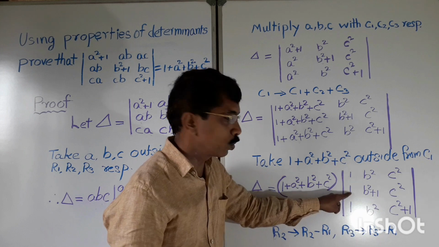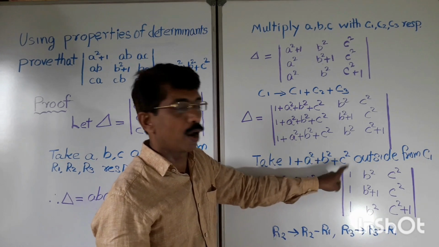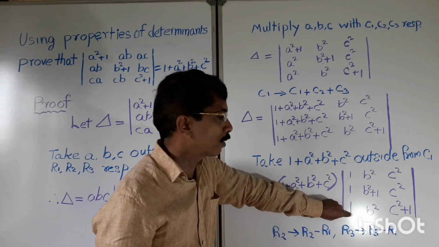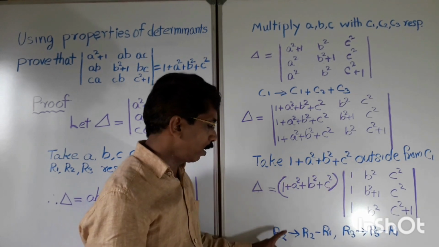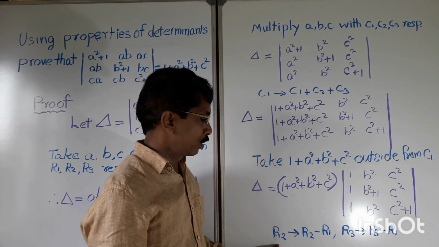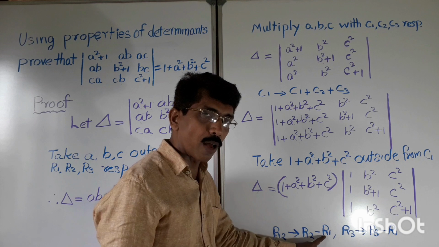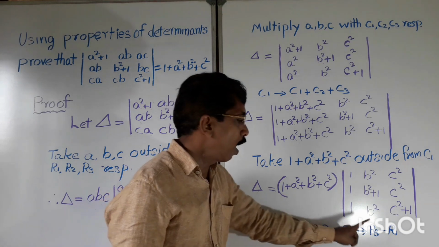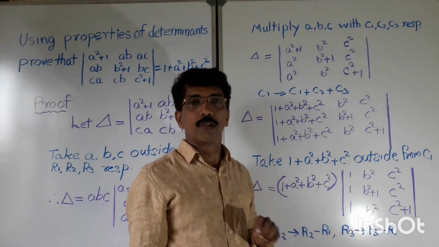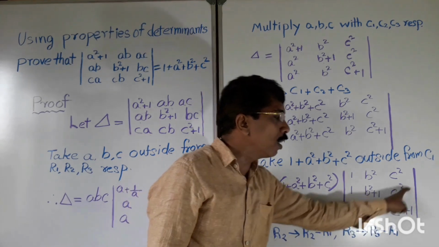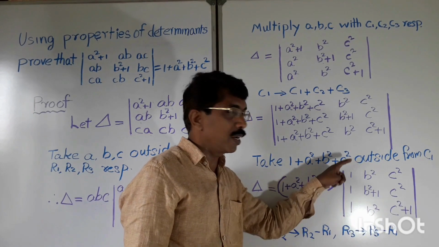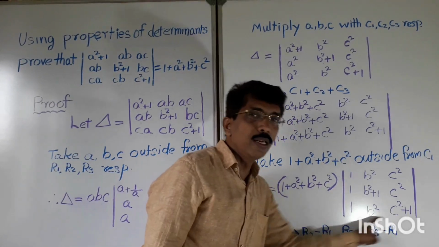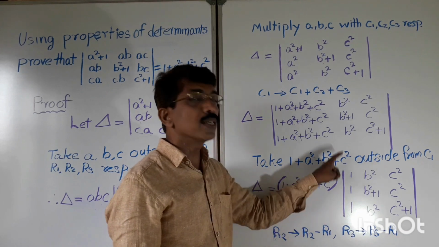R2 can be changed to R2 minus R1 and R3 changes to R3 minus R1. So I am writing here R2 changes to R2 minus R1 and R3 changes to R3 minus R1. Look at here. R2 completely you have to change as R2 minus R1 and R3 completely as R3 minus R1.